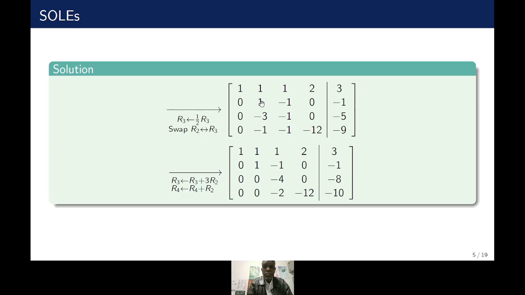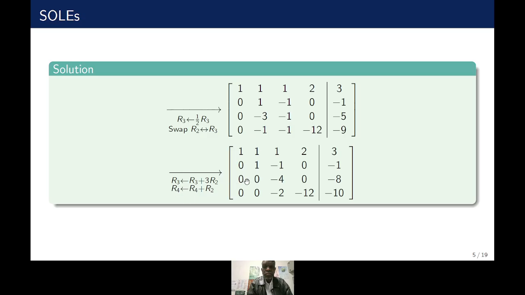So this will give us this. So row 3 has been multiplied by half. Then we swap row 2 and row 3, so it will give us this new result. Rows 2 and 3 have been swapped.